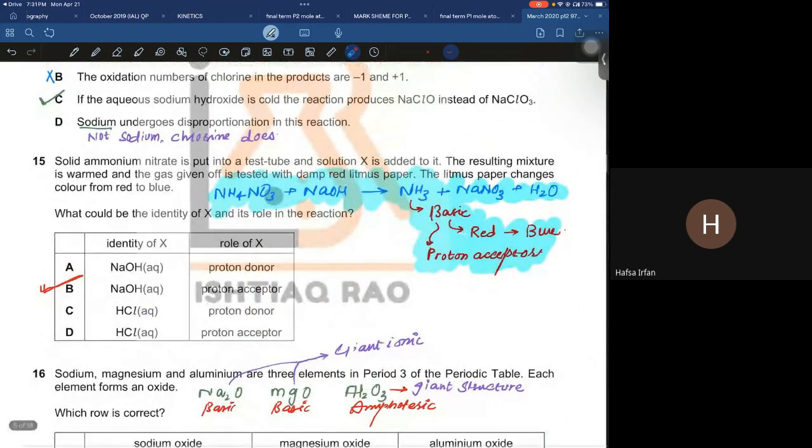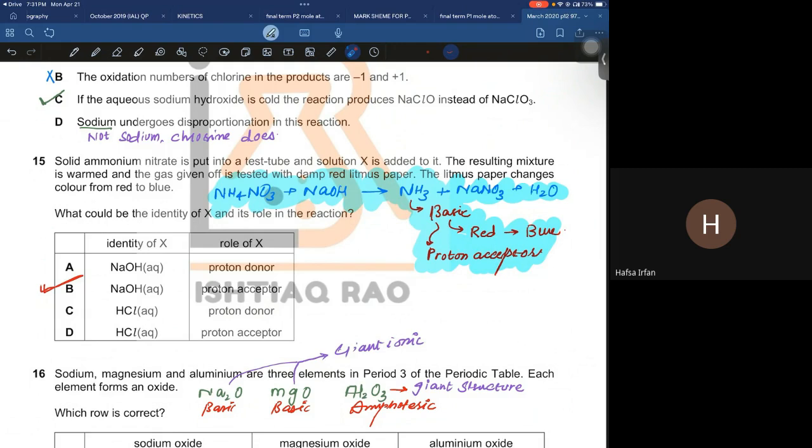Question 15 says solid ammonium nitrate is put into a test tube and solution X is added to it. Of course, it contains ammonium. The resulting mixture is warmed and the gas given off is tested with damp red litmus paper. The litmus paper changes color from red to blue.